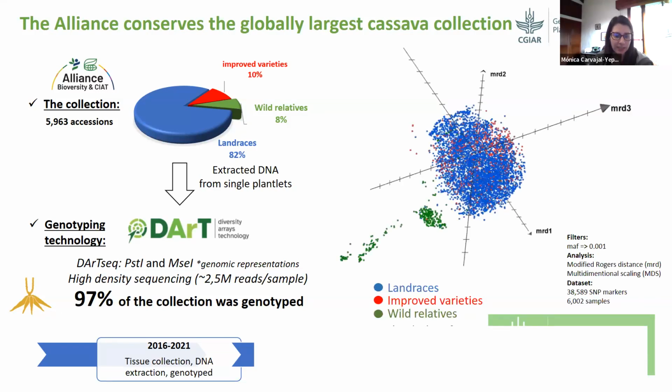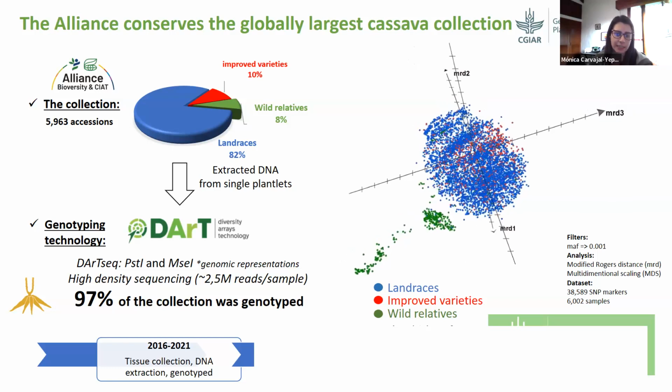DSI, as has already been shown, allows us to perform different kinds of studies. We first wanted to have a view of the genetic diversity of the collection that we conserve. Carolina already explained this diagram, which represents the genetic diversity among accessions. Each dot represents an accession, and the closer the dots are, the more similar they are, and the more separated they are, the more distant.